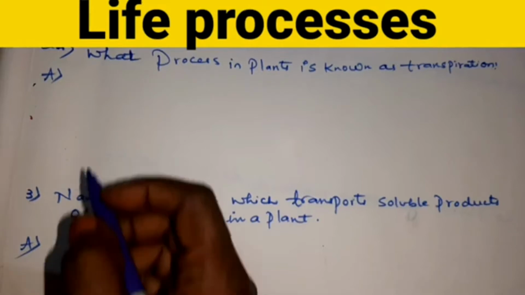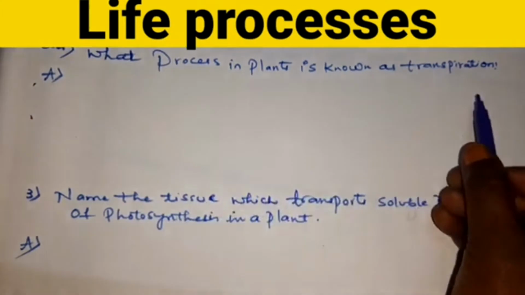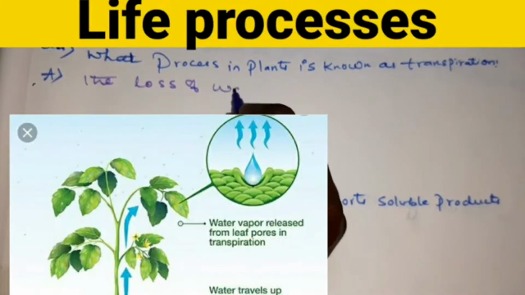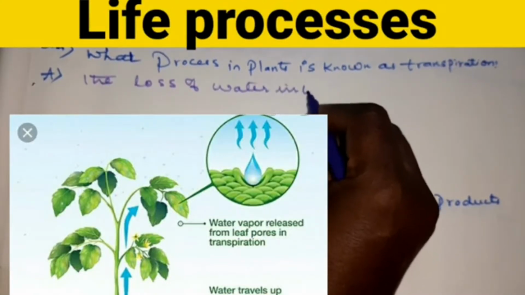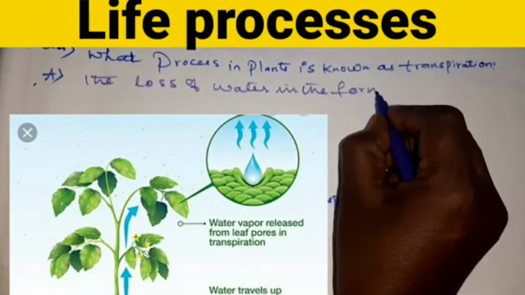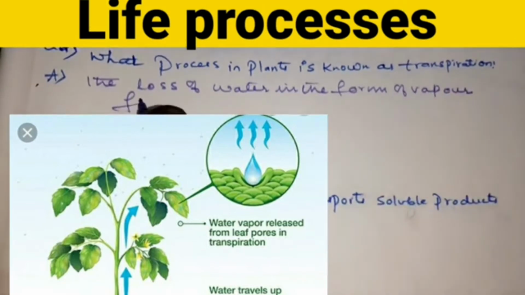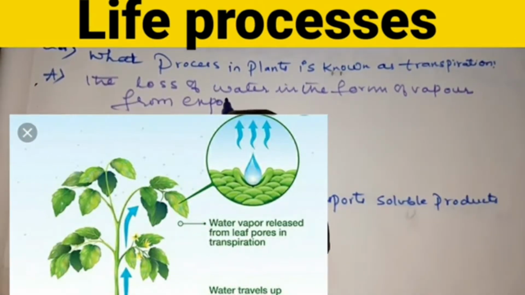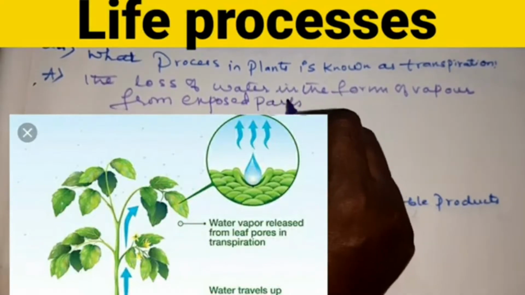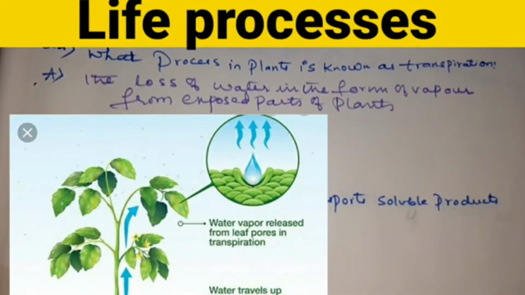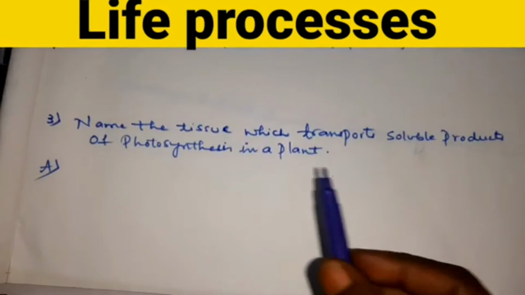Transpiration is the process of loss of water from the plant body, in the form of water vapor, from exposed parts of the plants. The loss of water in the form of vapor from exposed parts of plants is called transpiration.